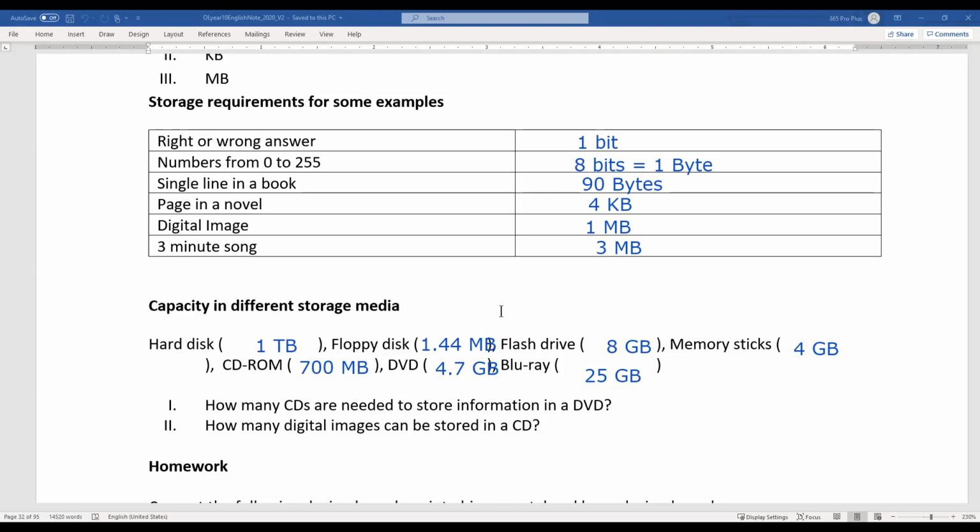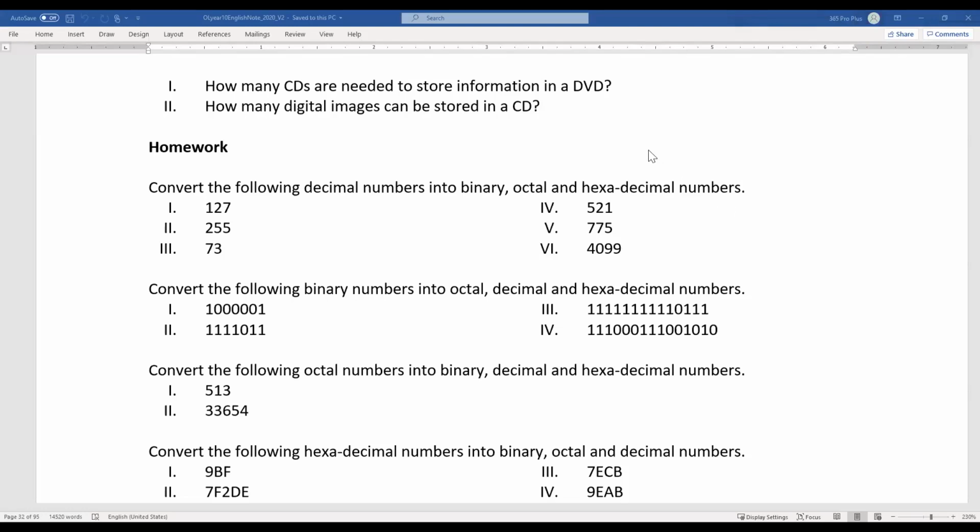Two simple questions are given. I want you to try at home, so please take down the note. It asks how many CDs are needed to store the information in a DVD.